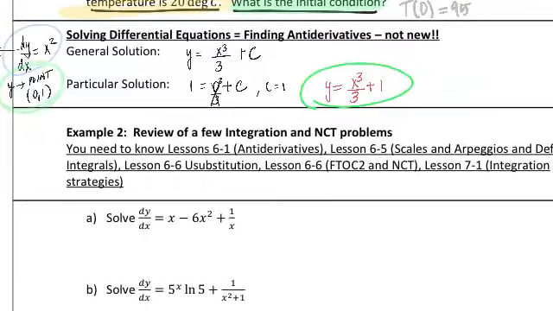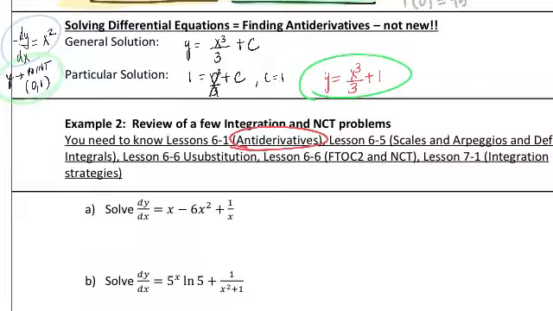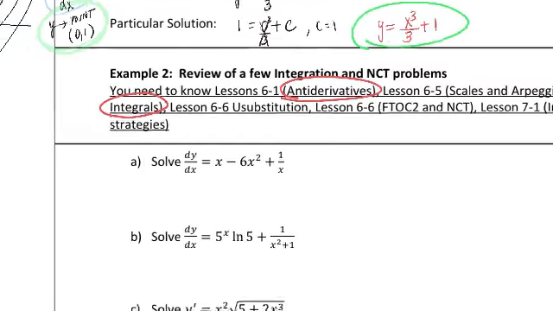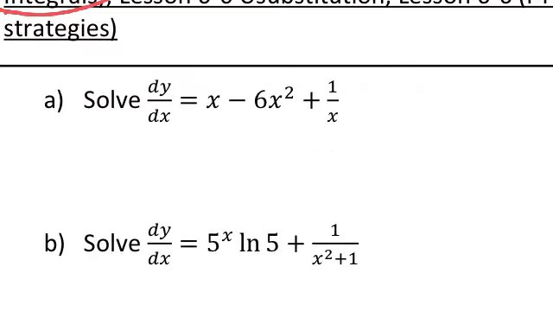Now, you have already done lots of differential equations without really knowing that that's what you're doing, because when you find an antiderivative or you do an integral, you are basically doing a differential equation solution. So here, let's just review some of the types that we have done before. If it says solve dy/dx is equal to this, then we are just going to take the integral to find y. So y is going to be the integral of all of this, the antiderivative, right?